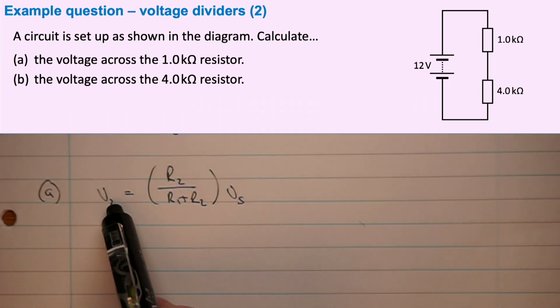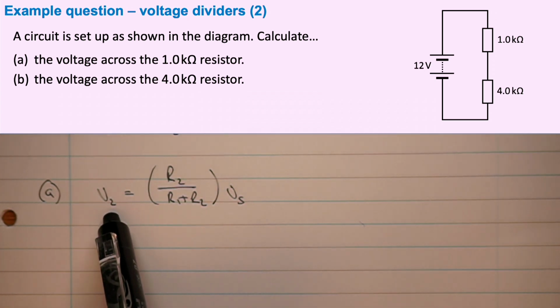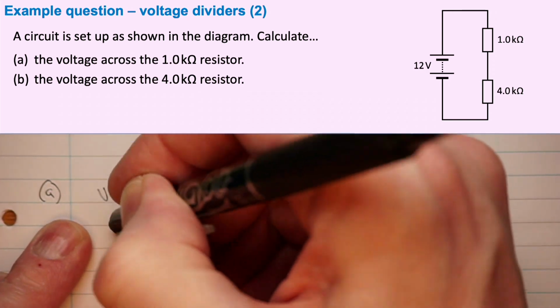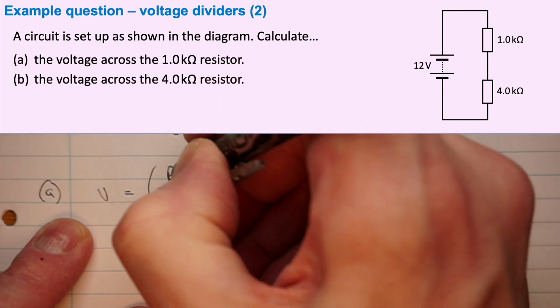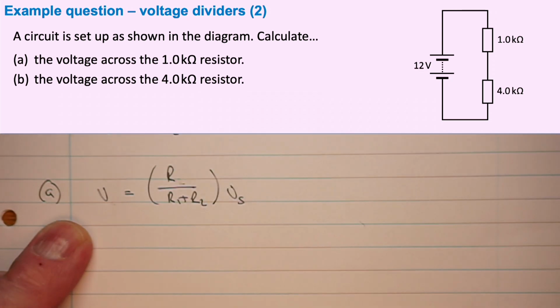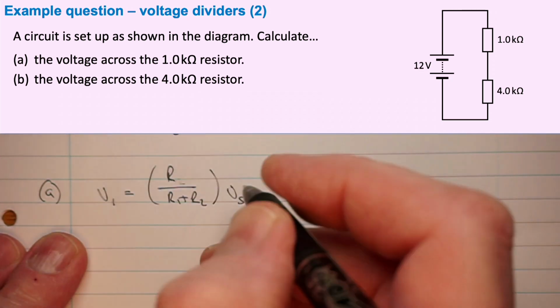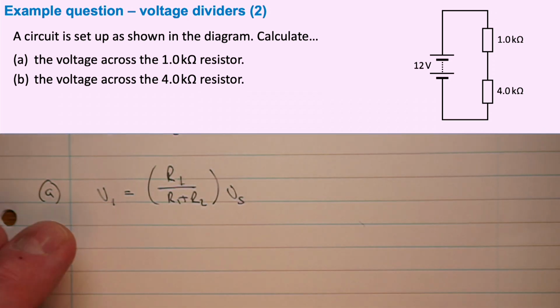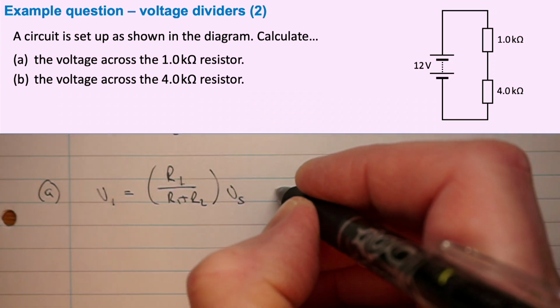So it only allows us to work out V2, the voltage across the bottom resistance. But of course you can change this from V2 to V1, but I also need to change that top resistance to R1. So it works out that V1 is equal to R1 over R1 plus R2 times Vs. As I said, this is not in the relationship sheet, but it's based on an equation which is.